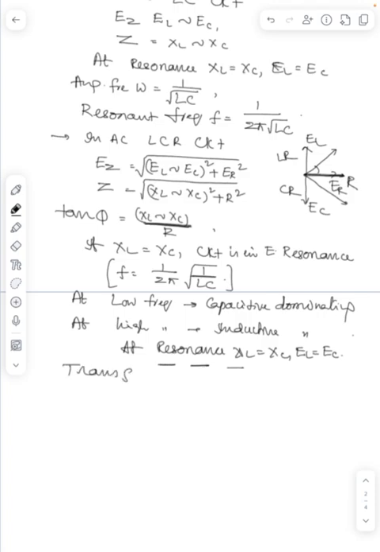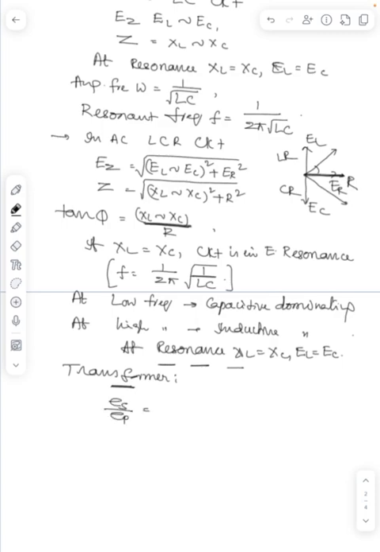Transformer. A transformer is a device used to transform electric power in one circuit to another at the same frequency. It is applicable only for AC but not for DC. It consists of two coils. One is the primary coil which is connected to AC mains and the other one is the secondary coil which is connected to the electrical appliance.